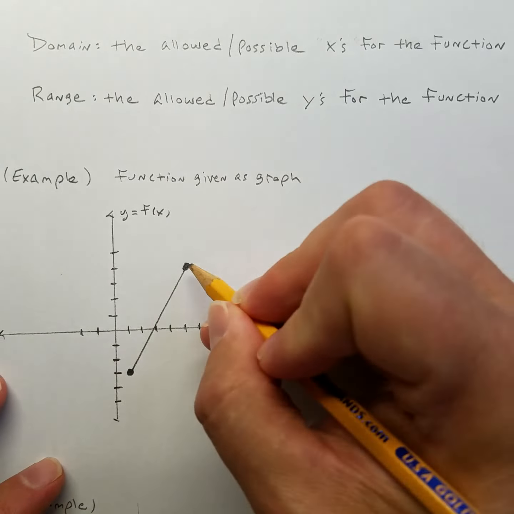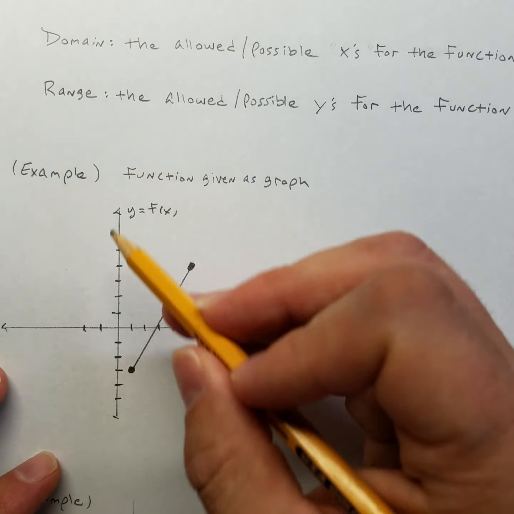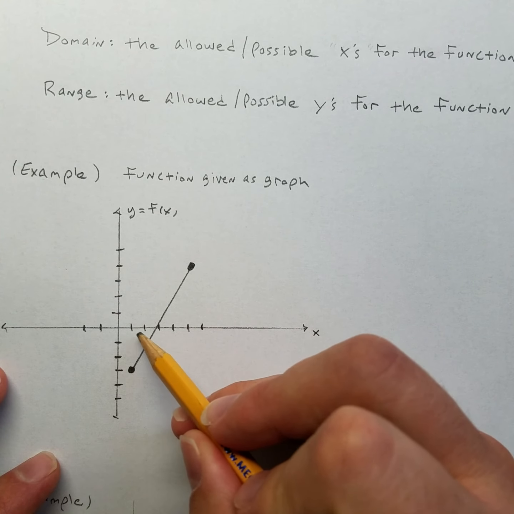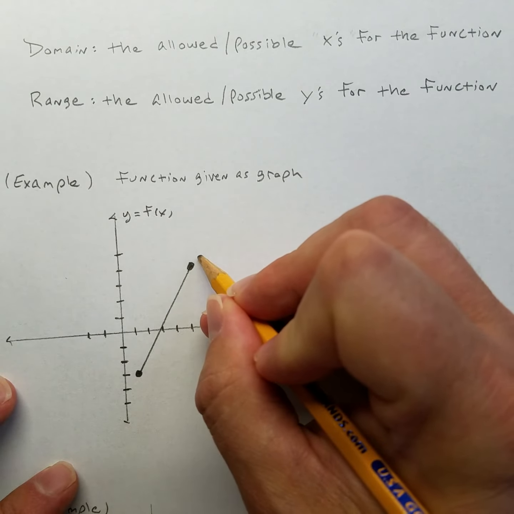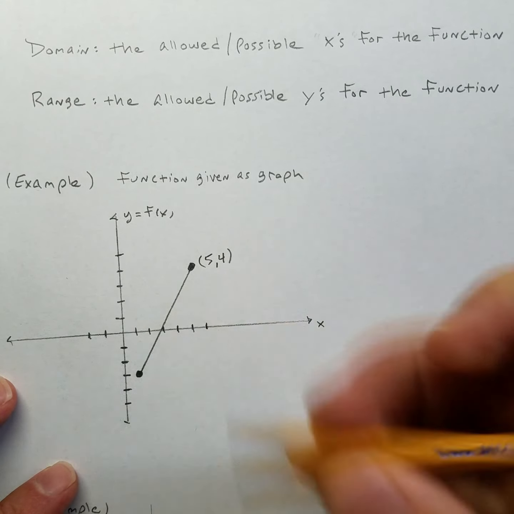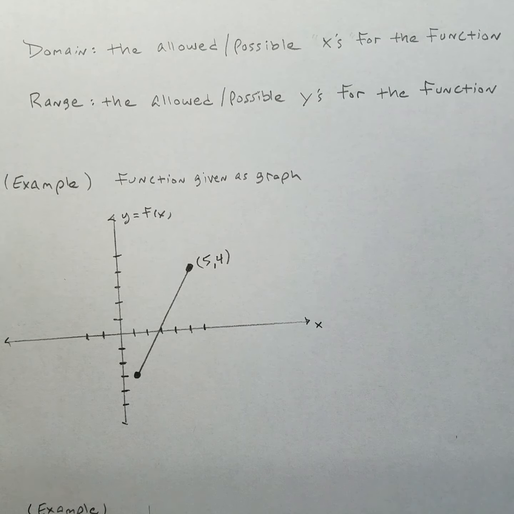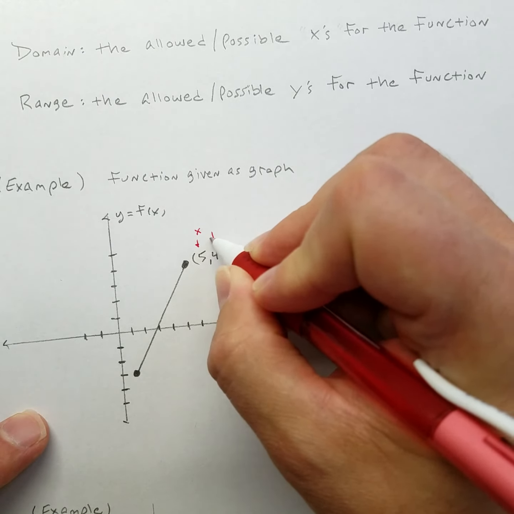The fact that I made this point right here really bold, what's that mean? This is the x-axis, this is the y-axis. See, 1, 2, 3, 4, 5. 4, so that's 5 for x and 4 for y. So does it do the job of pairing an x with a y?